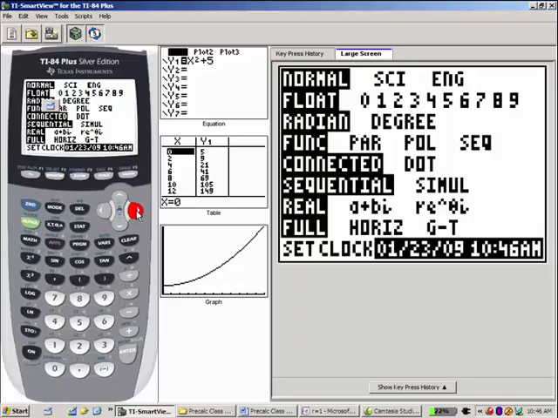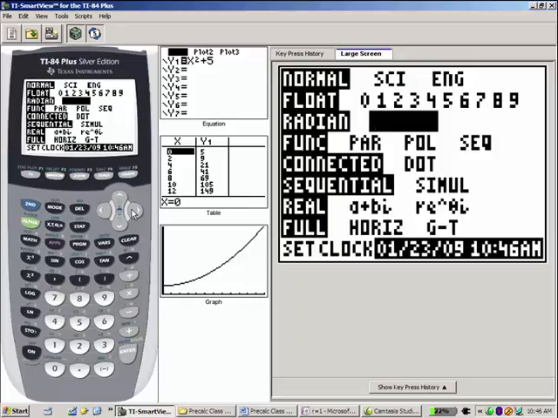Now, my science friends, specifically my physics friends, Mo and Tom, you are now at a very crucial juncture in your math science career where you actually have to remember to be in the right mode. If you are in degree mode, that's fine for physics, but next week you might have to be in radians for pre-calc.